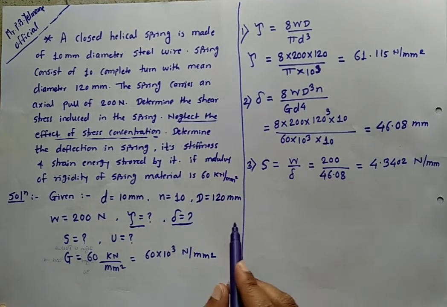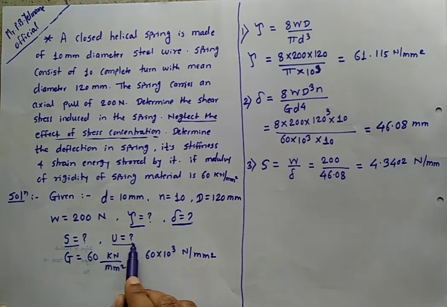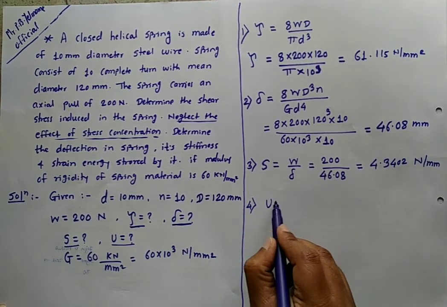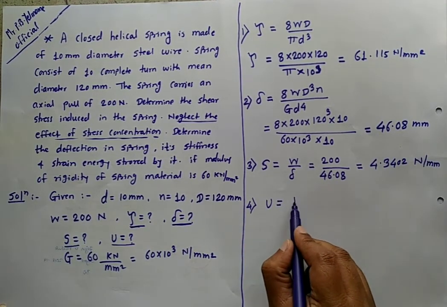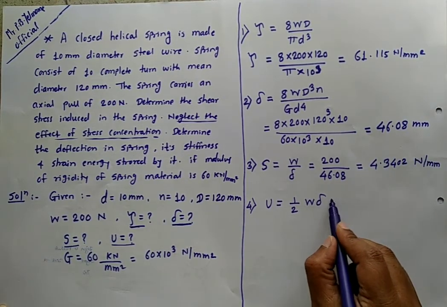Our fourth term is strain energy. S has been calculated, which is 4.3402. The formula for strain energy U is 1/2 load into deflection.